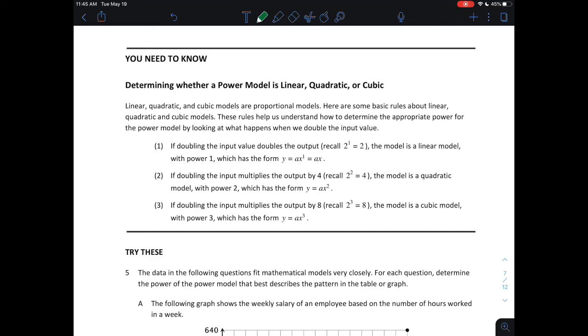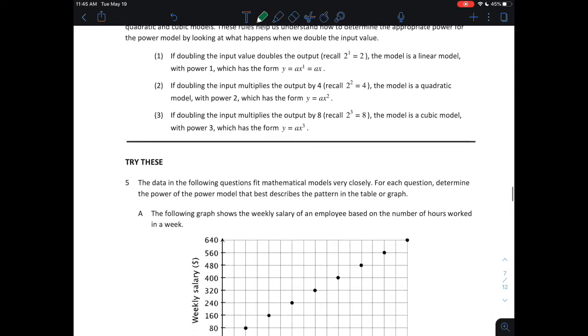So it's just this one little trick of doubling the input and seeing what happens to the output. If it doubles, it's linear. If it's multiplied by 4, it's quadratic. If it's multiplied by 8, it's cubic. So now let's try that out.